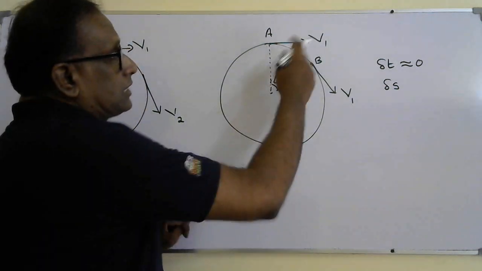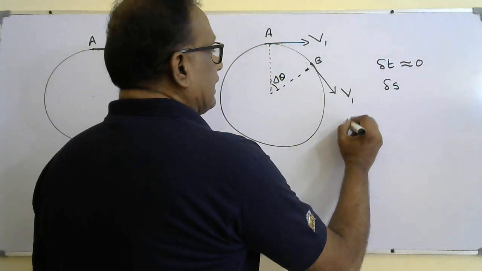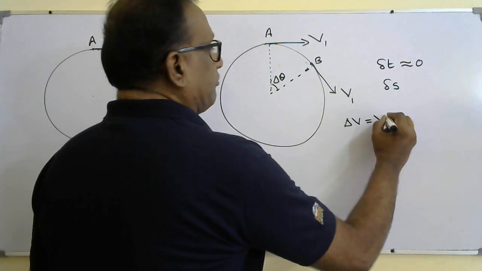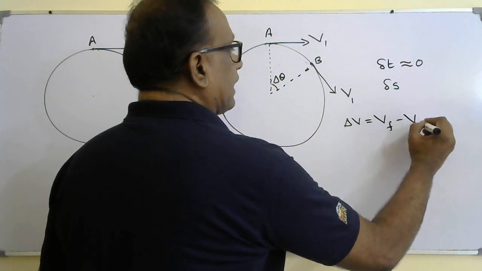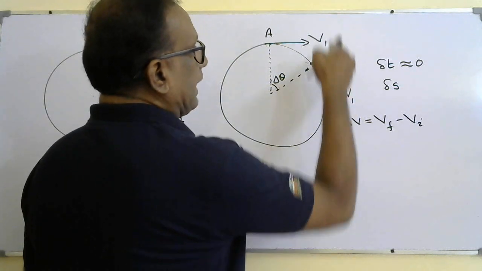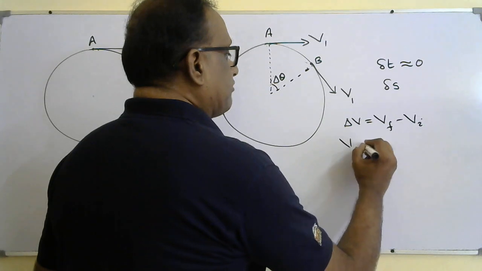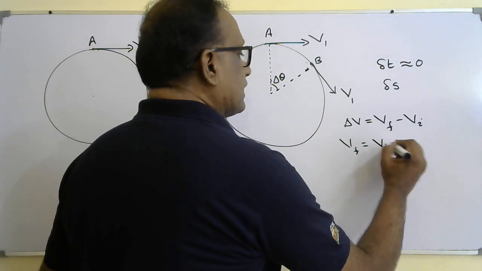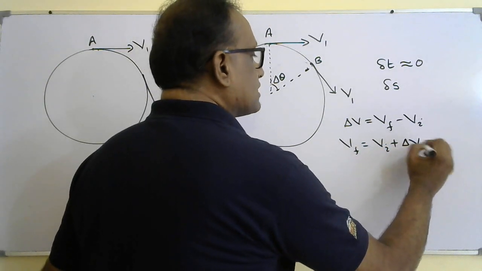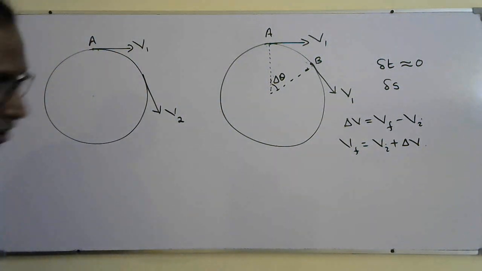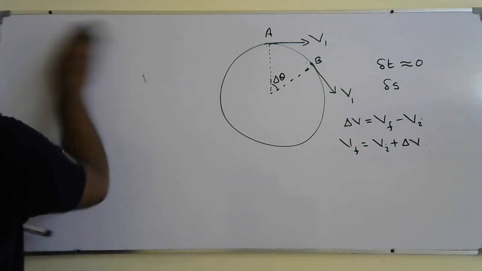What could it be? So I know that change in velocity delta V is equal to the final velocity Vf minus Vi. I put F and I, but they have the same speeds. So the final velocity Vf is going to be initial velocity plus change in velocity. Okay, now we'll think about the vector diagram for this change in velocity.